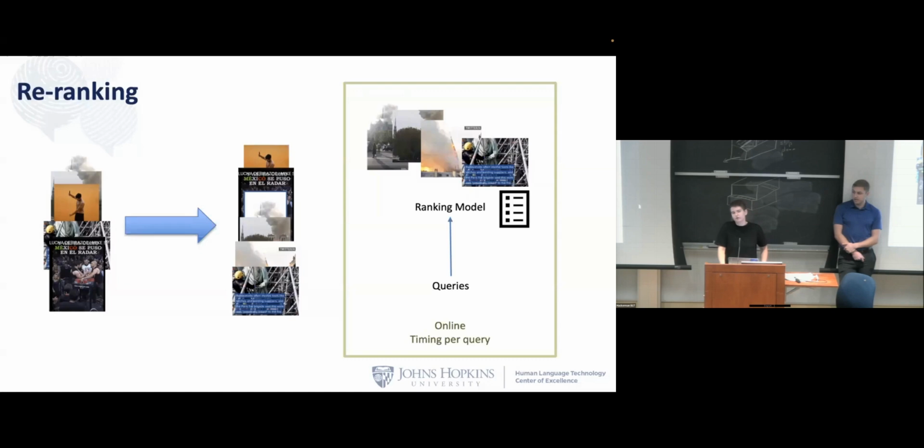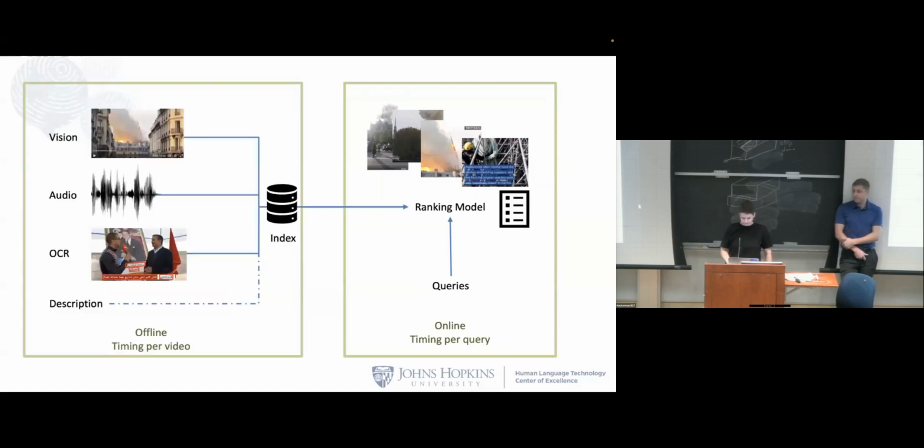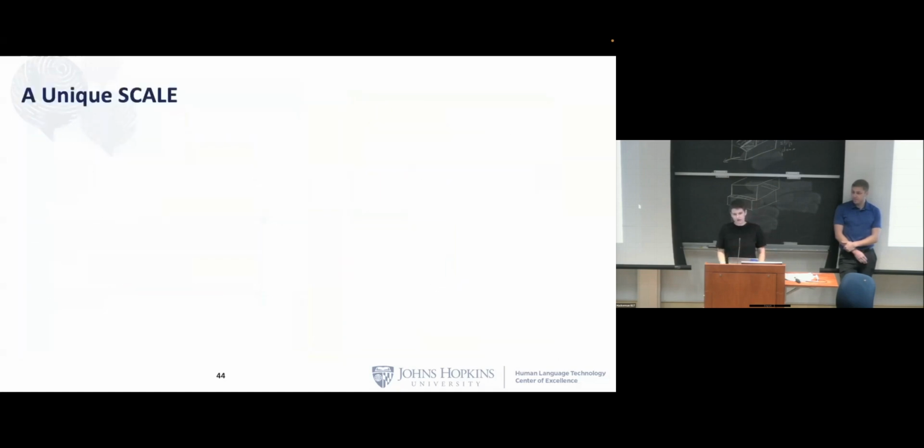But you have to consider the computational cost of doing this and what the relative performance gain is. You have to identify what the trade-off is there. And so these are just some of the questions that we were presented with and tried to answer during this workshop. It was a really unique scale.